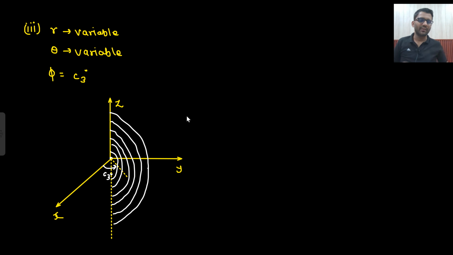So this disc we will get. Basically this was your z axis, and this angle was fixed. So R could be varying. Let's just say R was 1. Here I am showing only this angle was fixed. And now theta can vary from 0 to 180 degree.